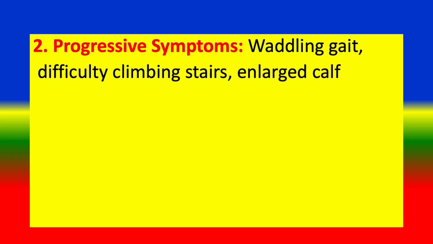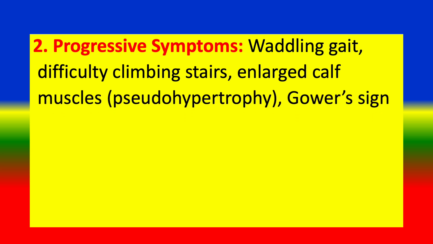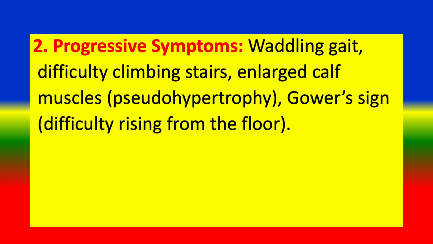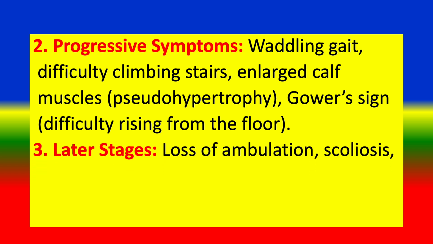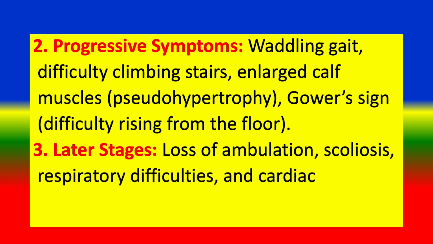Progressive symptoms: waddling gait, difficulty climbing stairs, enlarged calf muscles, Gowers' sign, difficulty rising from floor. 3. Late stages: loss of ambulation, scoliosis, respiratory difficulties and cardiac involvement.